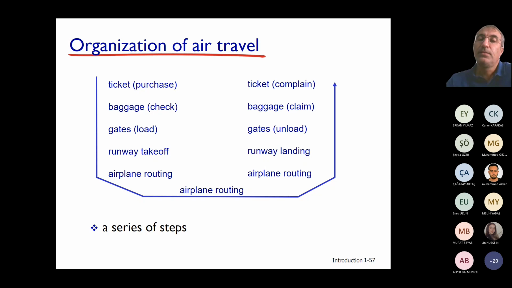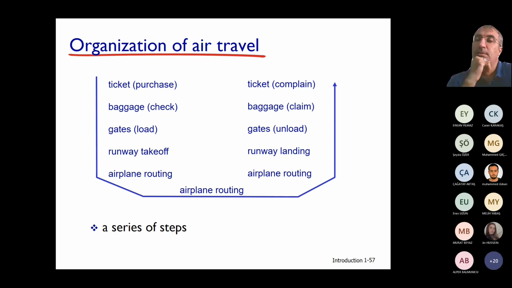Once you purchase the ticket, when your flight date comes, you go to the airport and you check in your baggage. You deliver your baggage to the air travel company. And then you walk to the gates so that you can get on the airplane, and then the pilot is going to take off from the runway and fly from Istanbul to Ankara through a specific airplane routing.